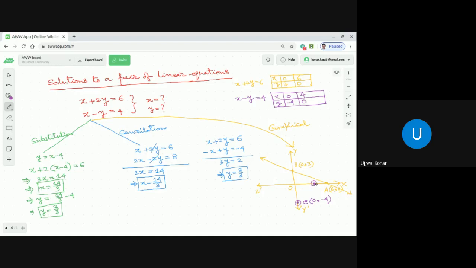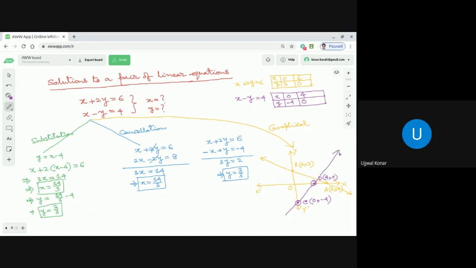Suppose this is the point D. Now what we want to do is construct that straight line. Okay, just a minute. The straight line is not properly constructed.